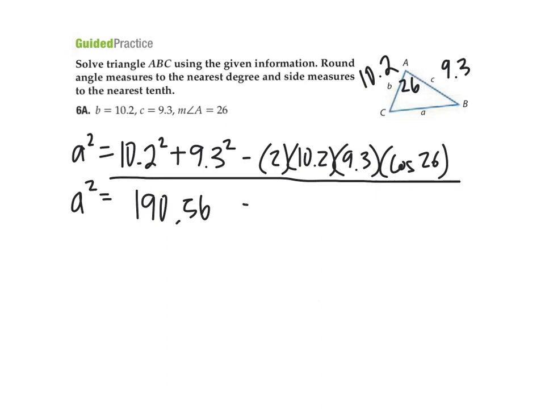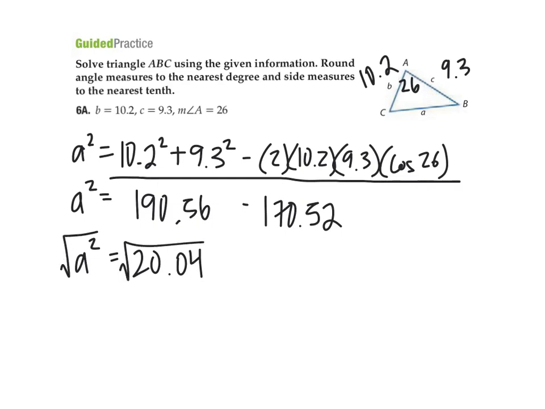Minus, now I'm going to put in the next part in my calculator, 2 times 10.2 times 9.3 times the cosine of 26, that's going to equal 170.52. Then I subtract 190.56 minus 170.52, and I get 20.04. So a squared is equal to 20.04.